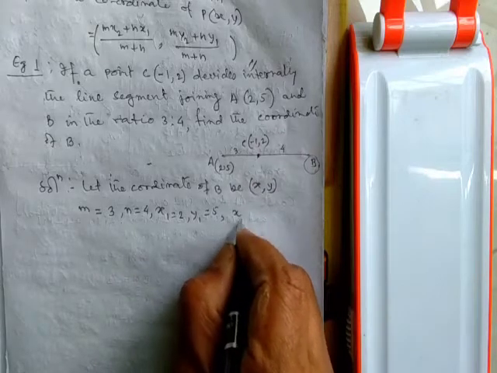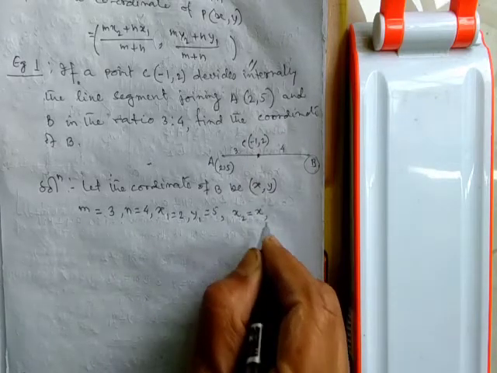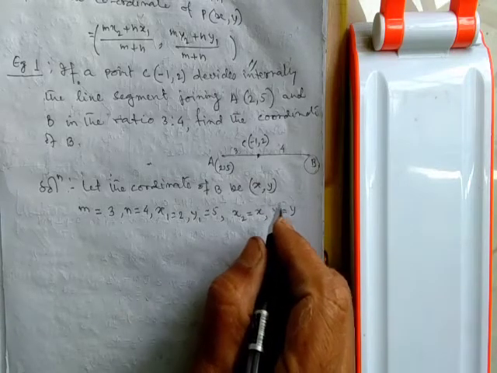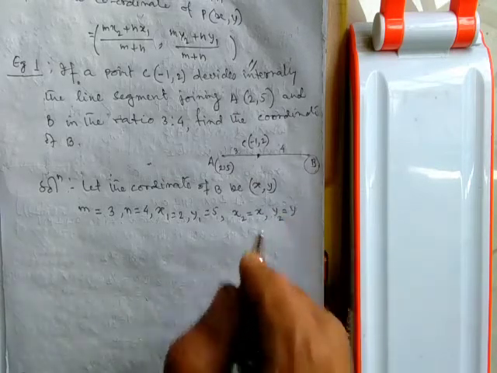So x2 is equal to x and y2 is equal to y.